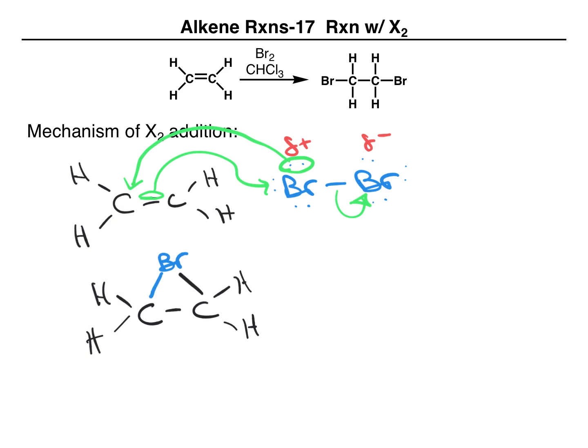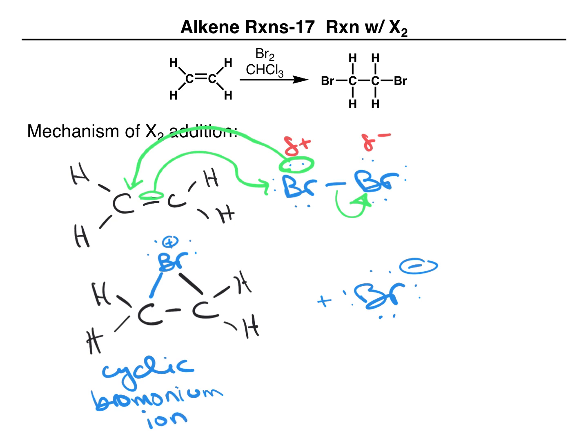The bromine still has two lone pairs, and we also have the other bromide leaving group. Now, bromine here owns 2, 4, 5, 6 electrons when it wants to own 7, so that means bromine has a positive charge. This intermediate is called a cyclic bromonium ion.